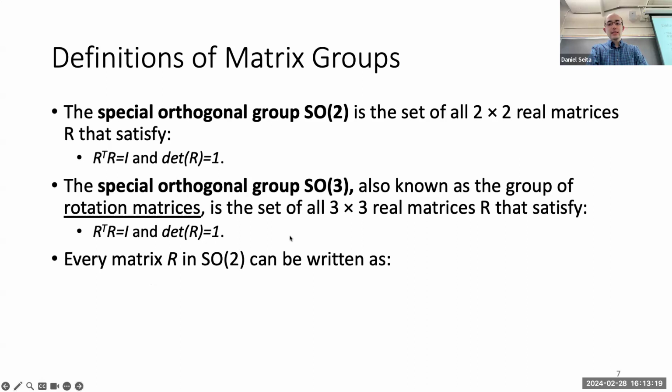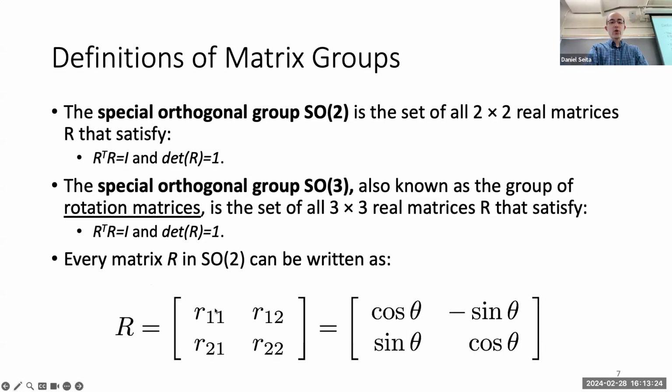And every matrix that is in SO2 can also be written like this. You have a 2x2 matrix, but you put in cosine theta, minus sine theta, sine theta, and cosine theta. The claim, and we won't prove it, is that every matrix in that first group can be written as follows.